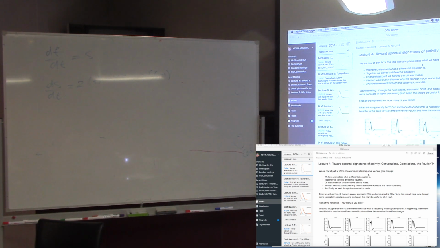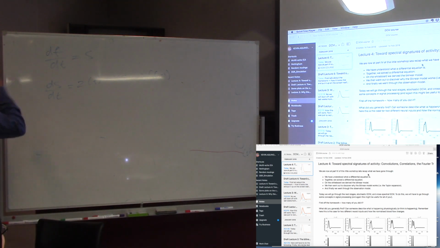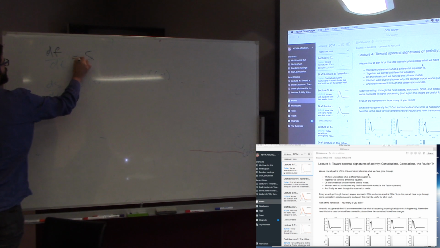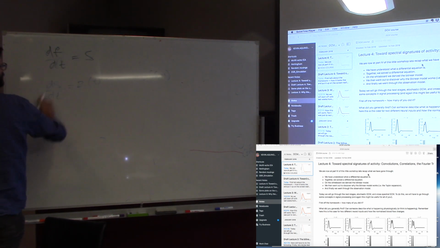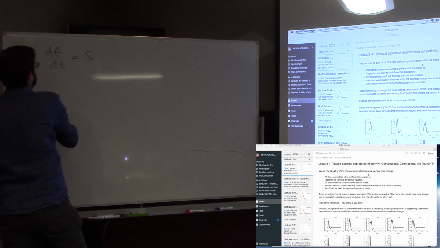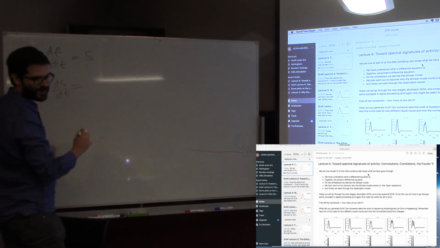So basically what we did, we solved the flow equation for the hemodynamic response function. So let me just put this up. Okay. So the first term is the rate of change of flow, and then the second equation, ds/dt equals, I forgot what it was now.